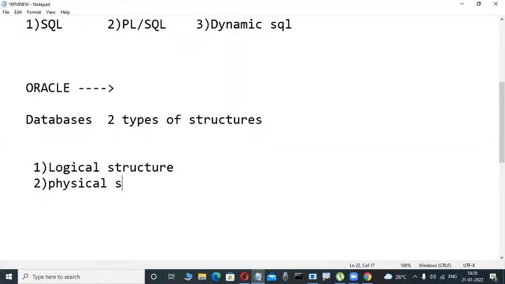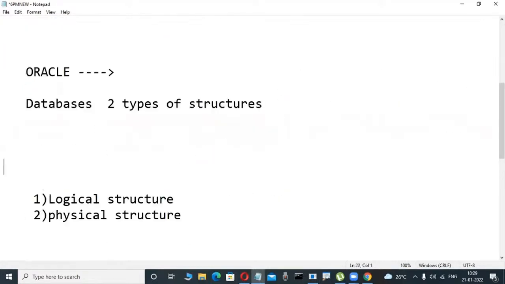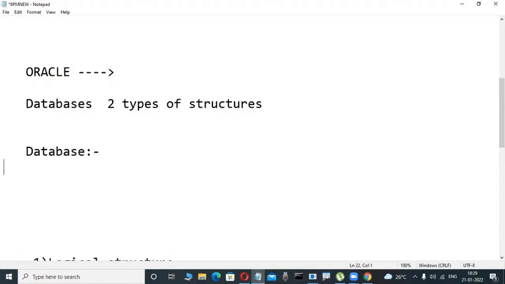Before we tell what is logical and what is physical structure in every database software, look at the database definition. In the books so many people write it like this. Today at least you will understand. What is database?